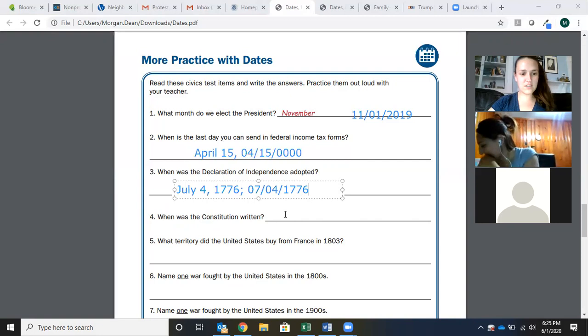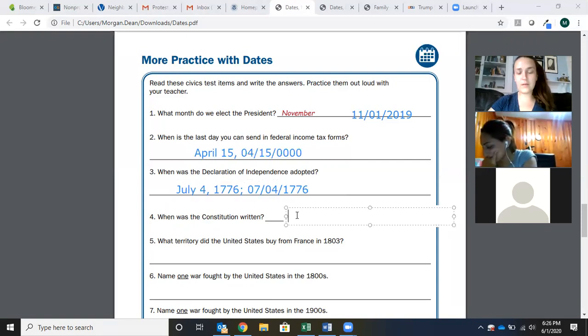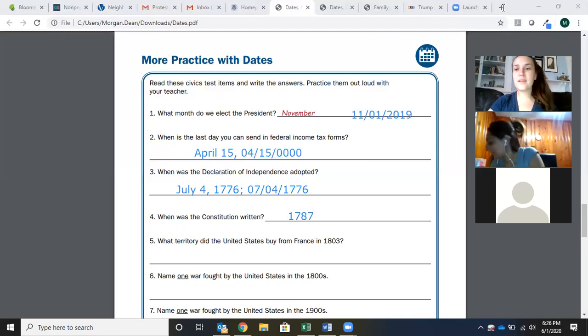Now, when was the Constitution written? I don't remember. I know it's 1787, I think. Let's go ahead and look up the answer to this, because I might be wrong.